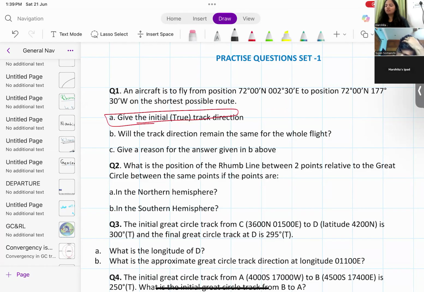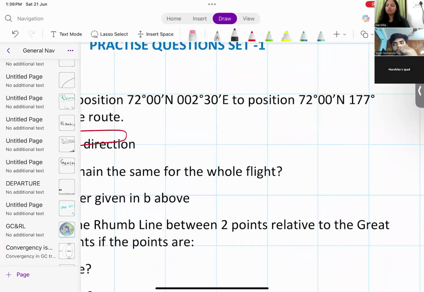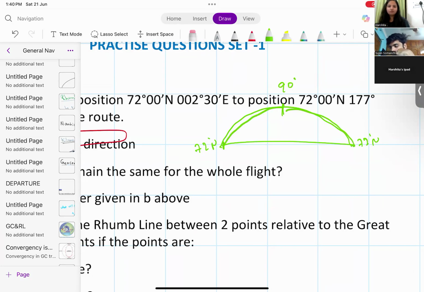Sujan, from 72 degrees north, again you want to go 72 degrees north over the North Pole. So you have to subtract from 90, na? 90 minus 72. Again, this is 90 minus 72.